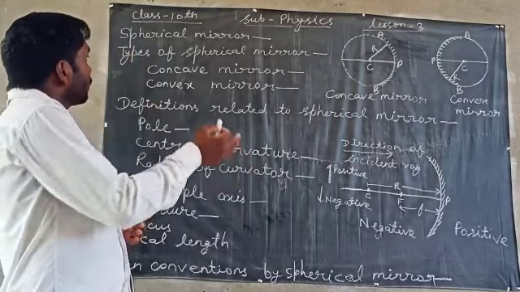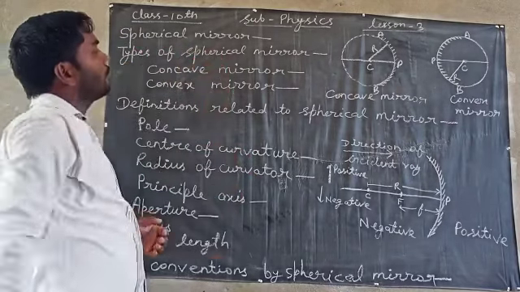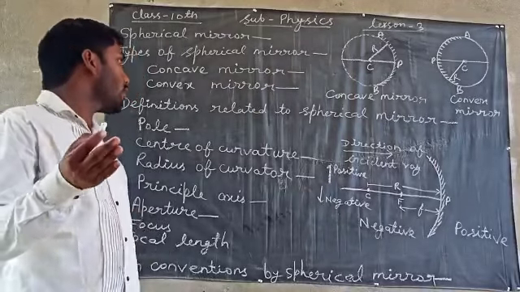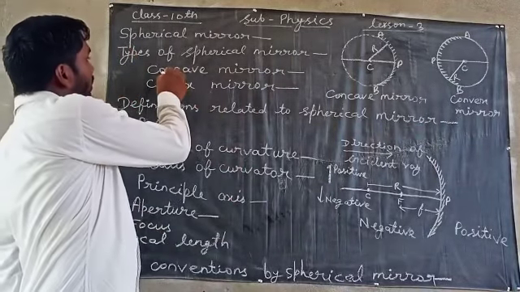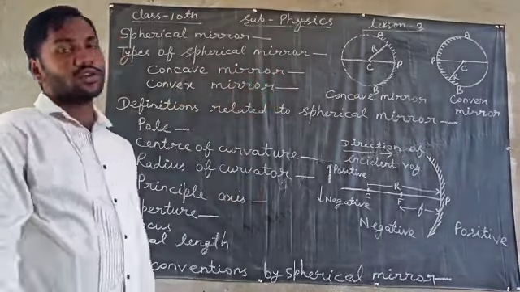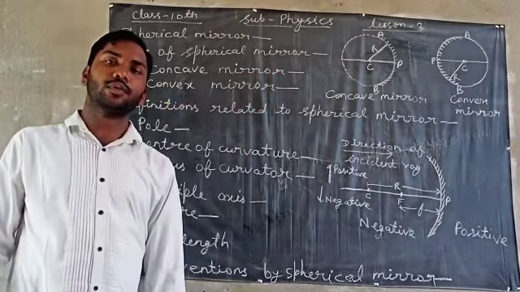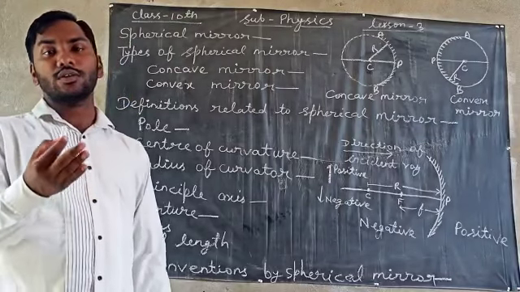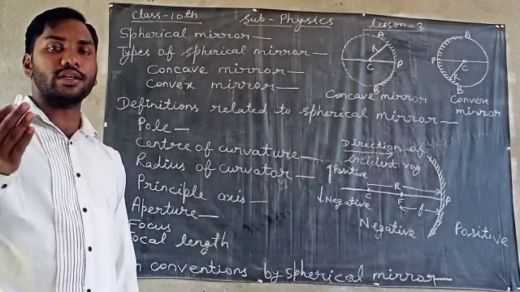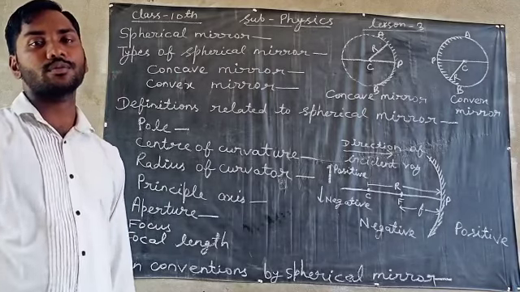Now we will discuss the types of spherical mirror. There are two types: one is the concave mirror and the second is the convex mirror. To understand concave and convex mirrors, let us first discuss an example.